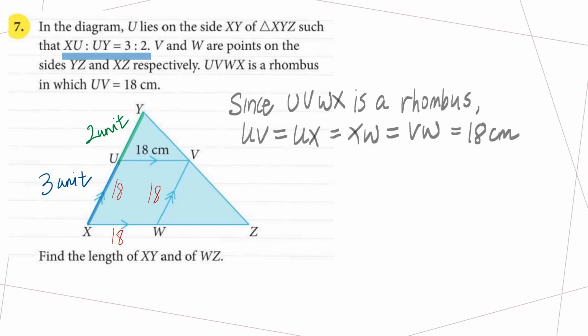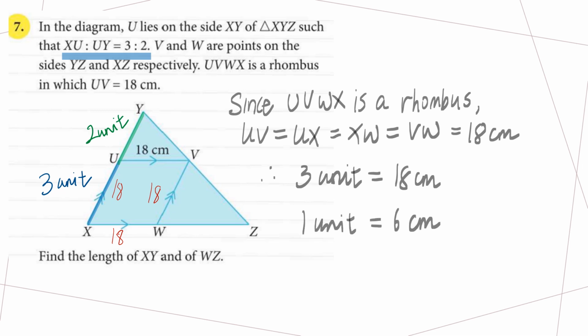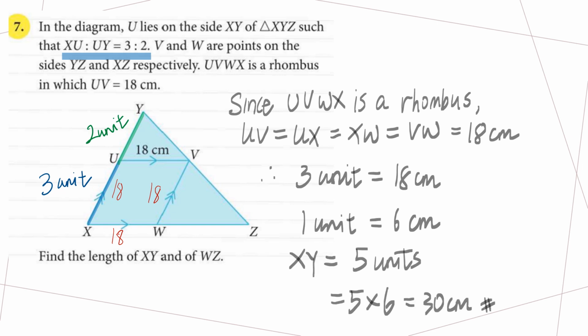Since UVWX is a rhombus, I've just labeled it for you, all the sides are equal to 18 centimeters. So 3 units is 18 centimeters, therefore 1 unit is 6. Looking at the triangle there, XY is made up of 3 plus 2 units, that's 5 units. So that will be 5 times 6, 30 centimeters.